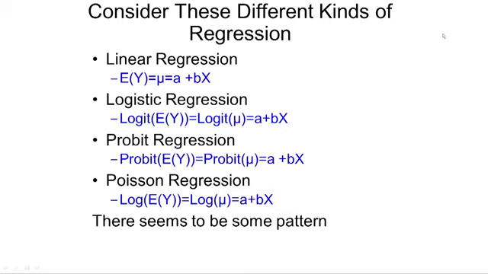Well, let's look at what we do when we fit these different kinds of regression. So for a linear regression, we say that the expected value of our outcome, let's say lung function, for example, depends on some predictor X, perhaps age, in an additive way.